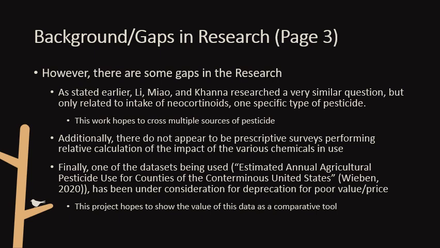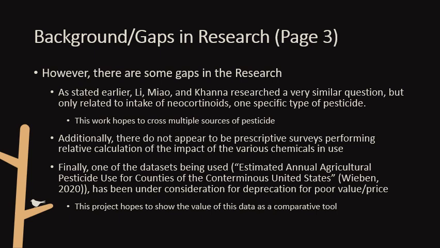As we stated earlier, Lee, Mio, and Kana researched the question, but only across the neonicotinoids, which is one particular type of pesticide. We have data available to us, so we're going to try to cross multiple sources and see if the result that they received comes across all types, if there's a greater or lesser effect across the types.